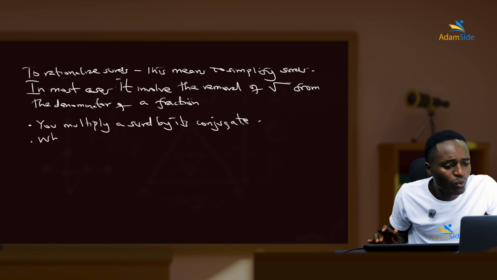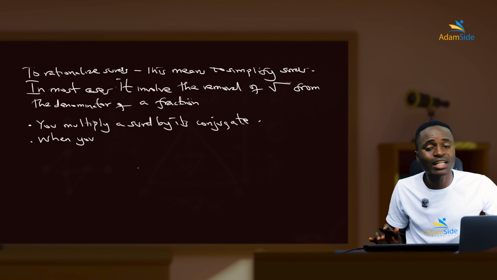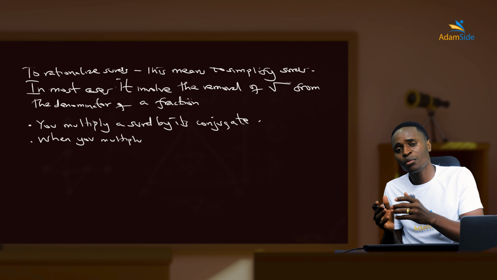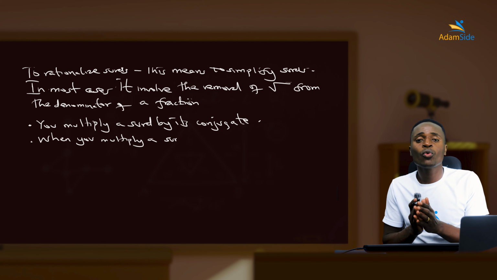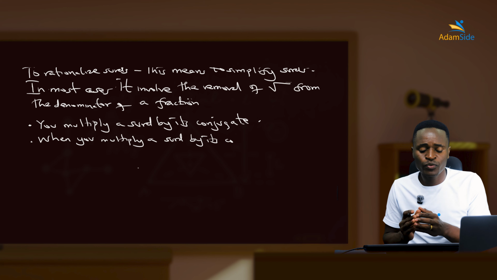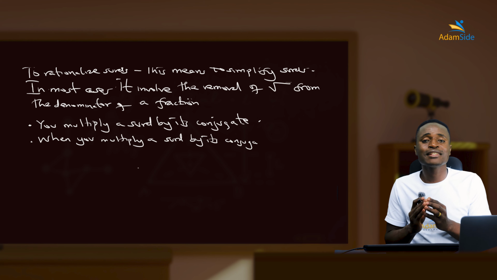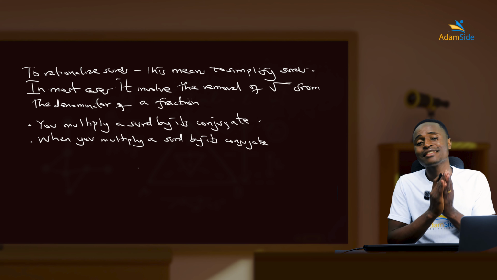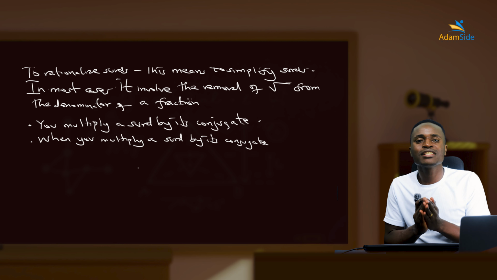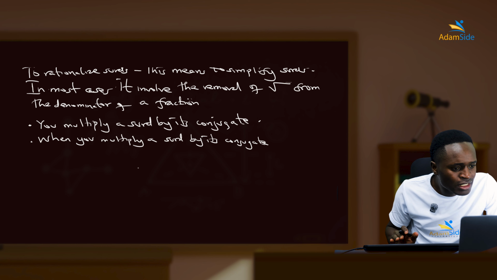So normally, when you're talking about rationalizing, for example, if you're given a surd in the form of a fraction, and you are asked to rationalize or simplify surds, to rationalize surds you have to multiply a surd by its conjugate. And what is a conjugate? A conjugate is formed by changing the sign between two terms.